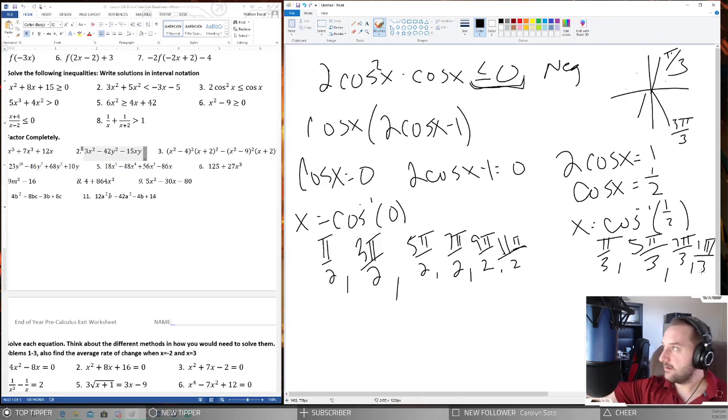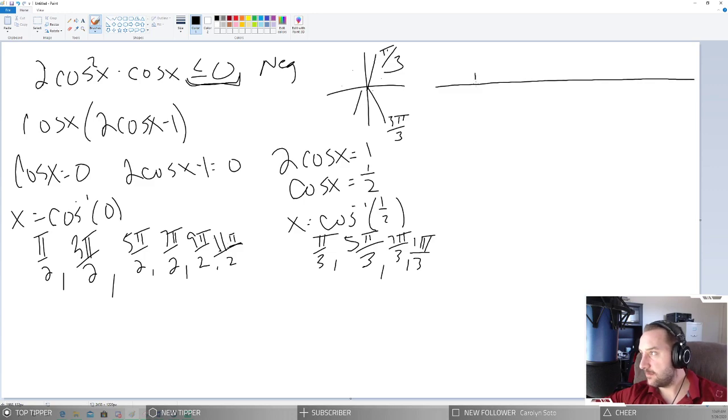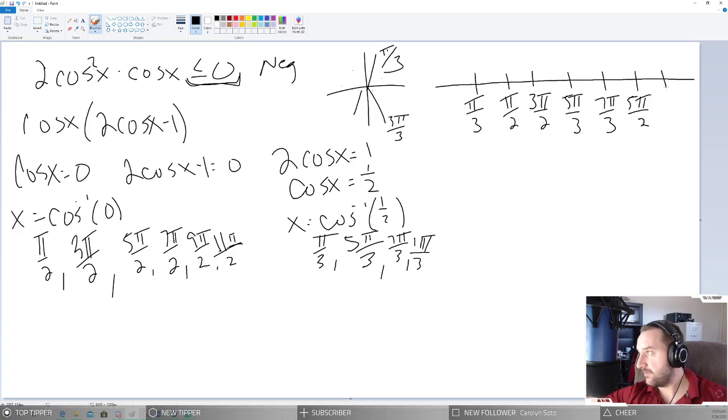So on my number line, I'm going to make this larger. On my number line, we're going to have pi thirds, and then pi halves, and then 3 pi halves, and then 5 pi thirds, and then 7 pi thirds, and then 5 pi halves, and then 7 pi halves, and then 11 pi thirds.